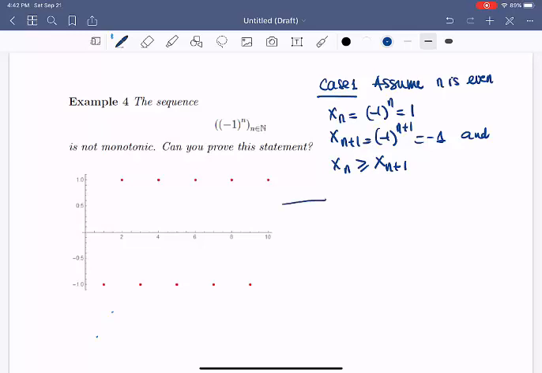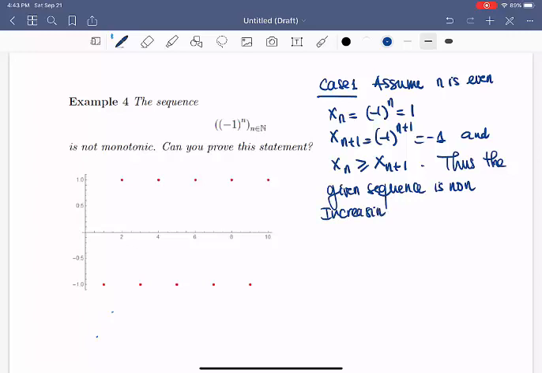So in that case, if this is xn, then this will be xn plus 1. Thus the given sequence is non-increasing.